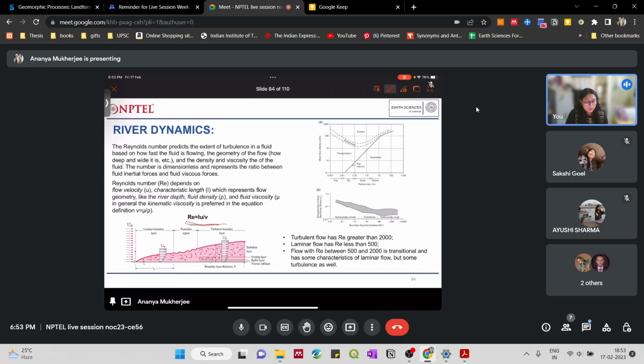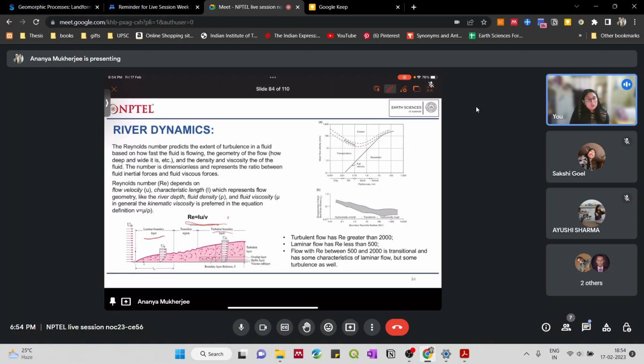What is important for us to know is that if you calculate this and the Reynolds number is greater than 2000, it's a turbulent flow. If it is less than 500, it is laminar flow. So this is the distinction between laminar and turbulent flows.